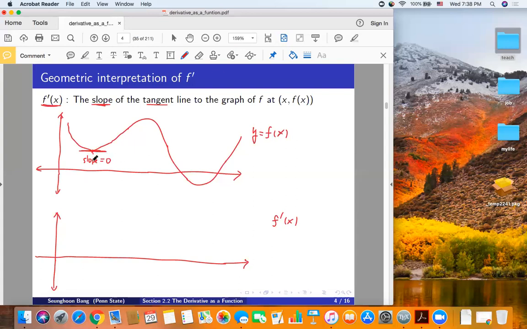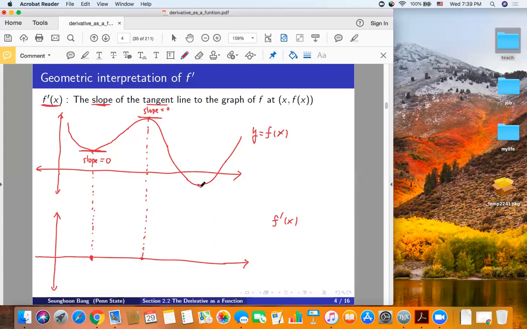So you just plot f prime of x. f prime of x is 0 here. Same, the slope is 0. So at this point here, we have 0.